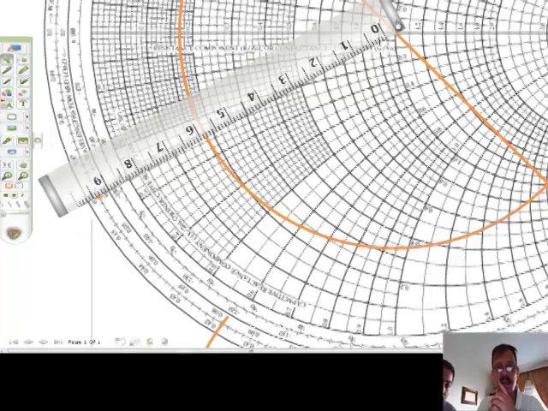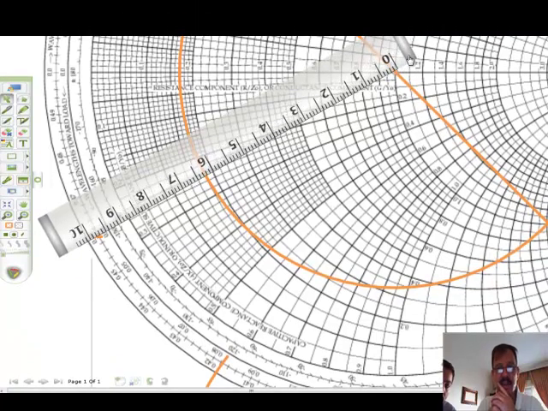Let's choose a different color, from the origin, and draw a line from that. Okay, all right.